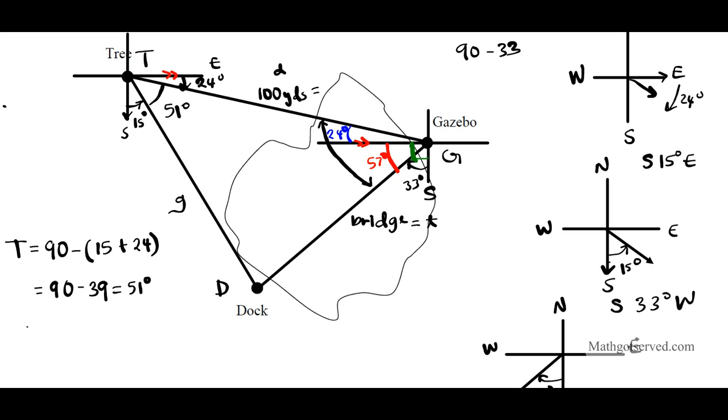So angle G is going to be 24, which is this angle right here, plus 57, which is the difference of 90 and 33 down here. We add those two together and we get 81 degrees. So angle G is 81 degrees. This angle right here is 81 degrees. Okay, so there you have it.